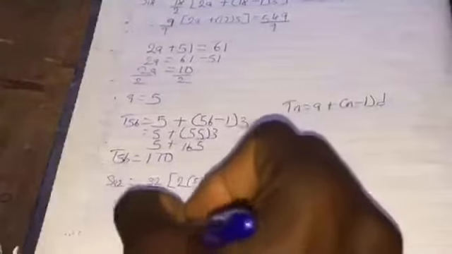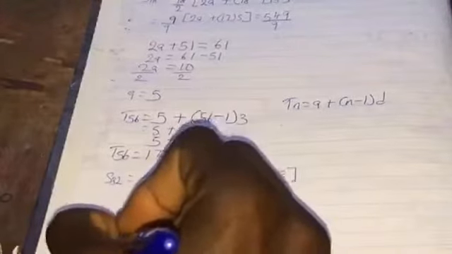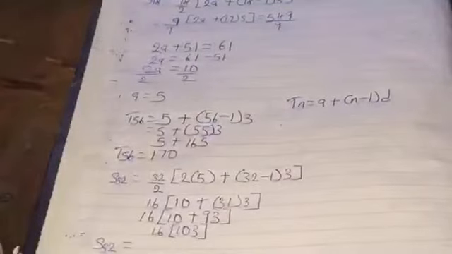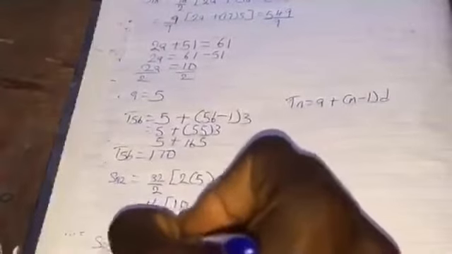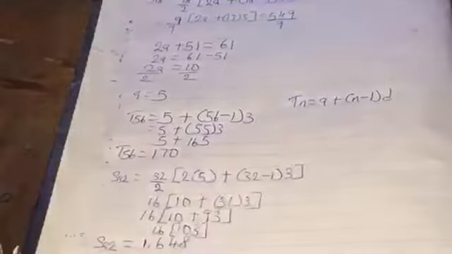Therefore, this will be 103 in bracket multiplied by 16. Therefore, the sum of our 32 terms, which is S32, is equal to 16 times 103, which is equal to 1648. That's our sum of 32 terms.